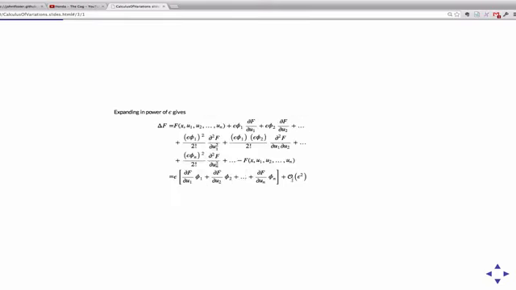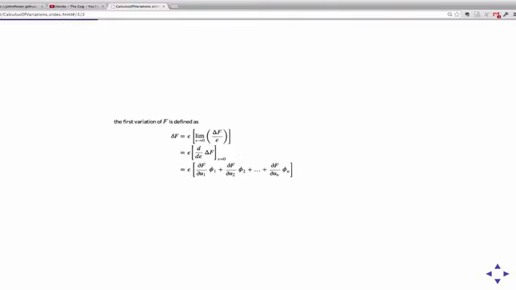Of course, epsilon tends towards 0, so we can say that the first variation of f is the limit of the change in f over epsilon as epsilon goes to 0. Therefore, from what we just derived, you have this last equation.